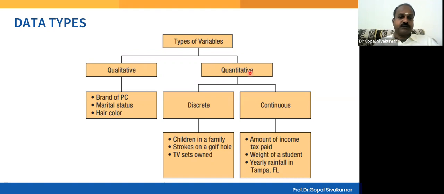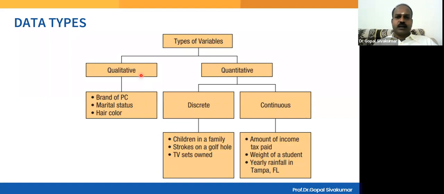Now I get a list of names, and the data I collected is qualitative. Qualitative data also carries information, but it is in the form of textual data, not numerical data. For example, the brand of a personal computer or the marital status of the employee.